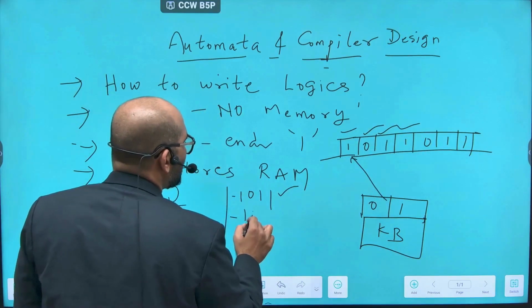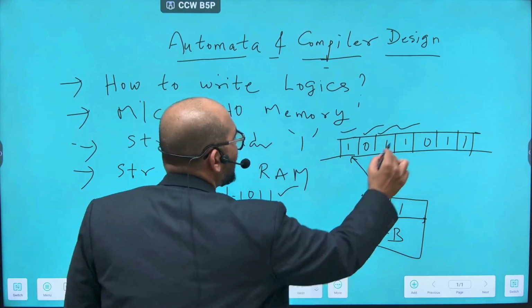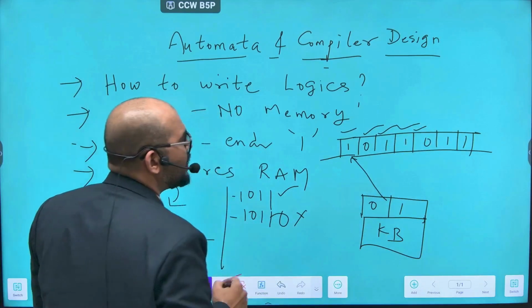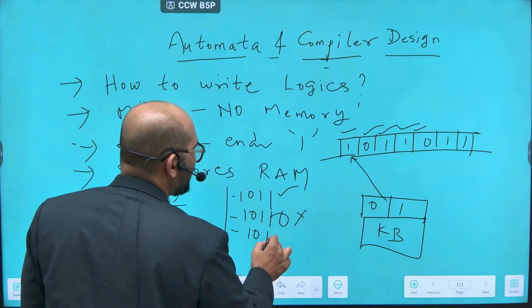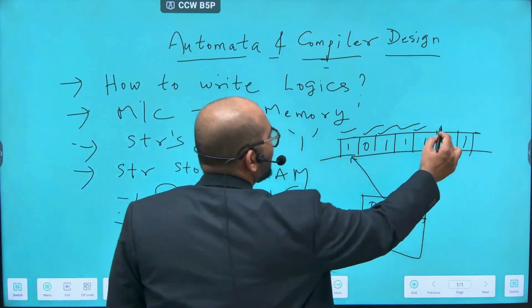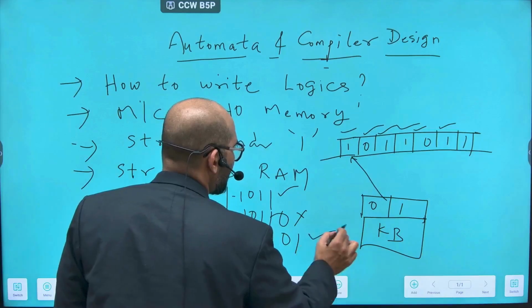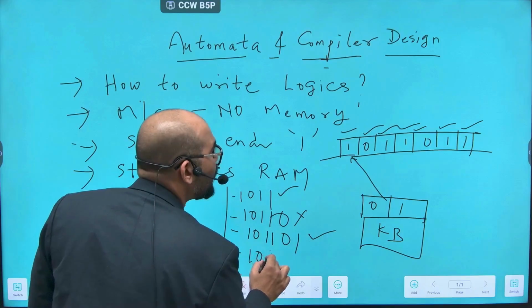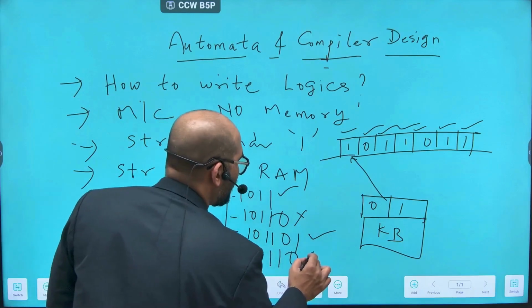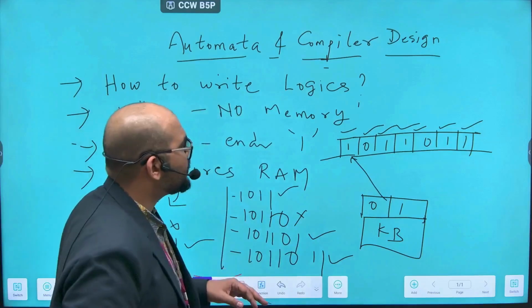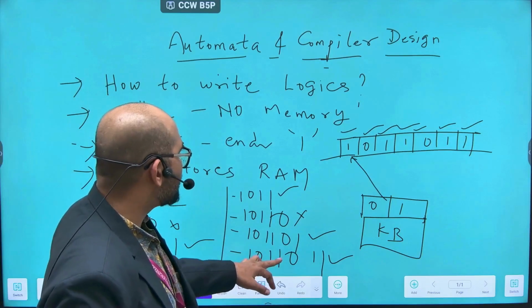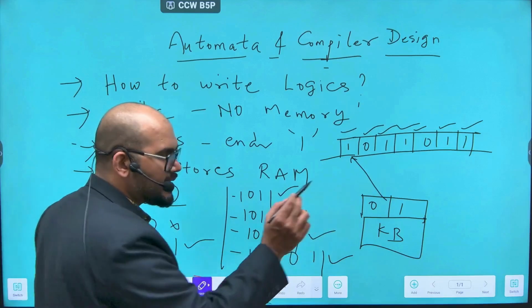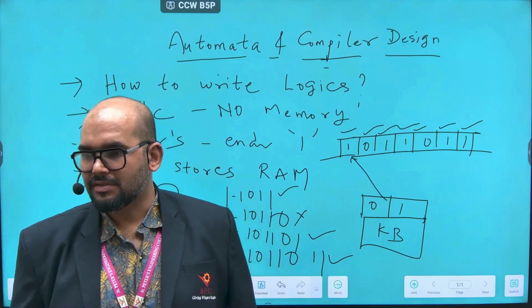Next, 1 0 1 1 0, no. Next, 1 0 1 1 0 1, this also satisfies. Now the last input symbol, 1 0 1 1 0 1 1, yeah, this satisfies the given constraints.